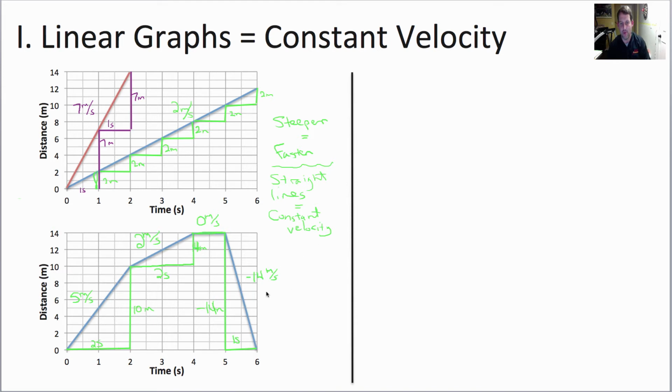Let's write them down. We've learned that horizontal is equal to 0 velocity. And we've learned that negative slopes are equal to backwards motion.